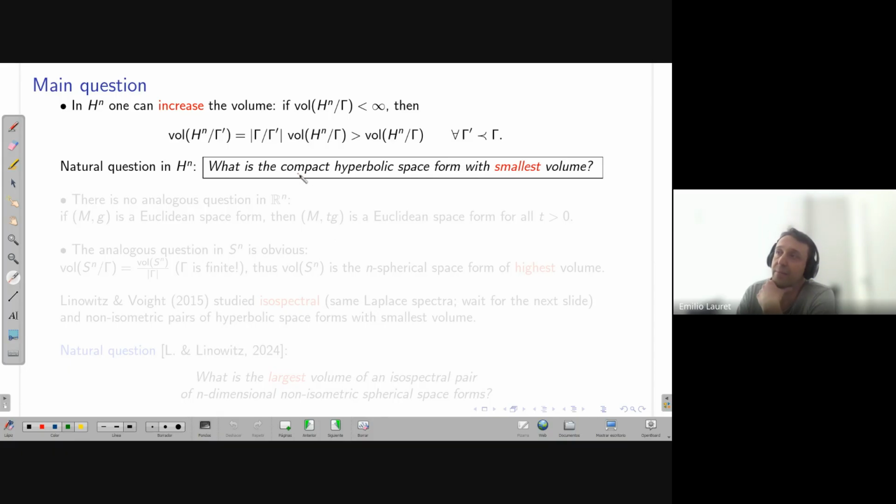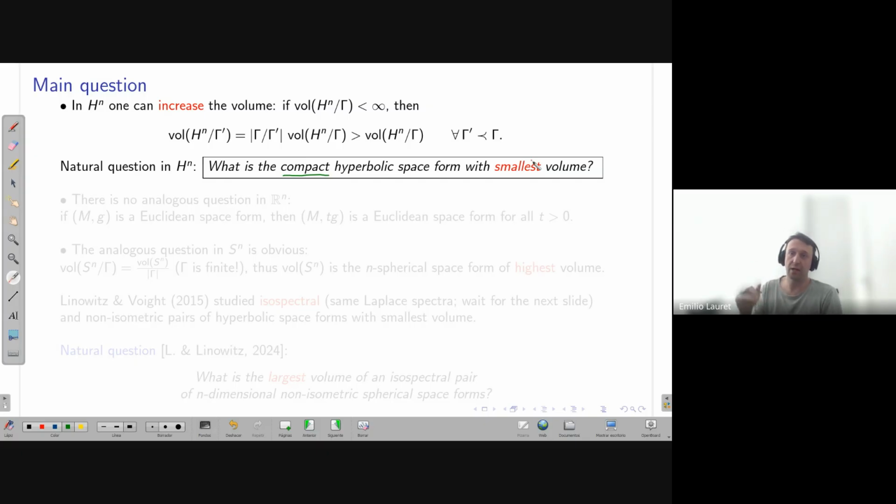This is the first time that we assume compact, but we can omit it in this part. What is the hyperbolic space form of finite volume, say, or compact, as you wish? It's not equivalent in the hyperbolic case. With smallest volume, we want to have, remember, the curvature equal to -1.